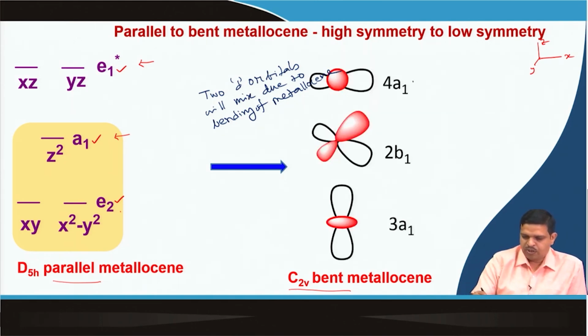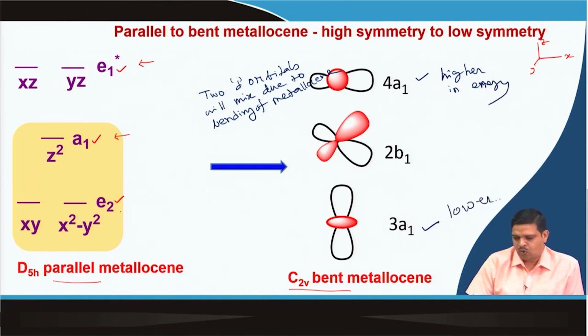One component, that is the A1, will be higher in energy, and one component will be lower in energy. So, one component's symmetry was E2 and another A1. From here, one will be the 4A1 and another will be the 3A1. One will be higher in energy, and one will be lower in energy.